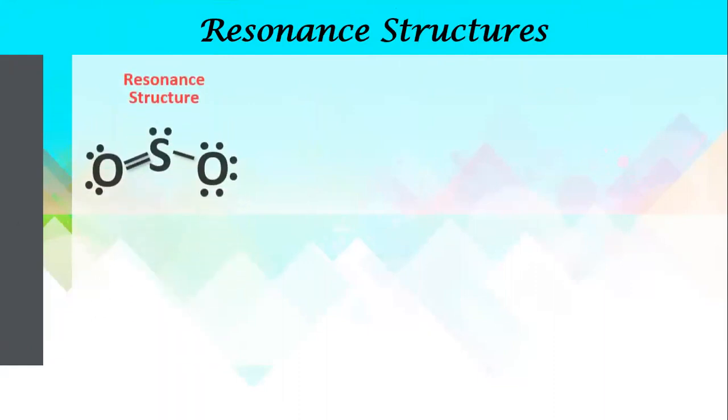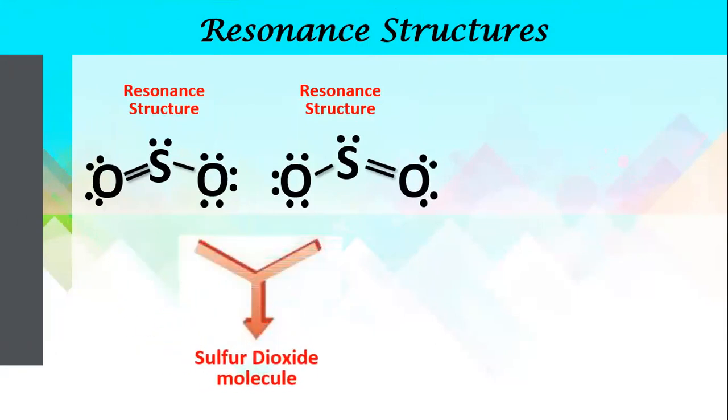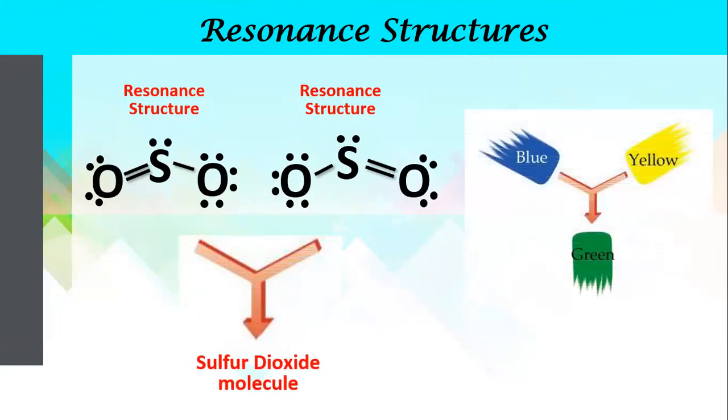So the actual sulfur dioxide molecule, with its bond distances, is a blend of the two Lewis structures. That's why each of these structures is called a resonance structure.